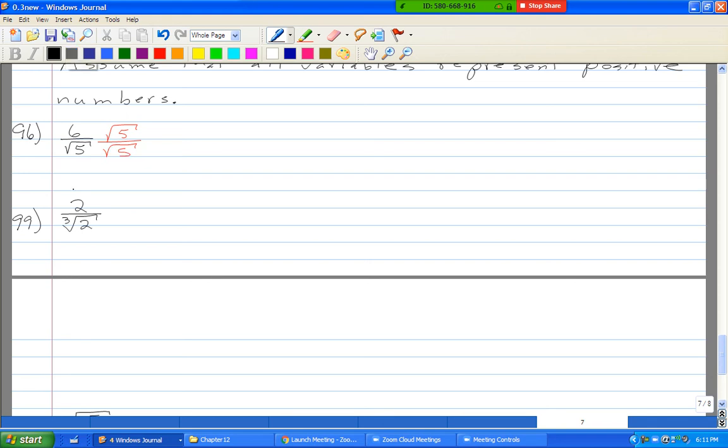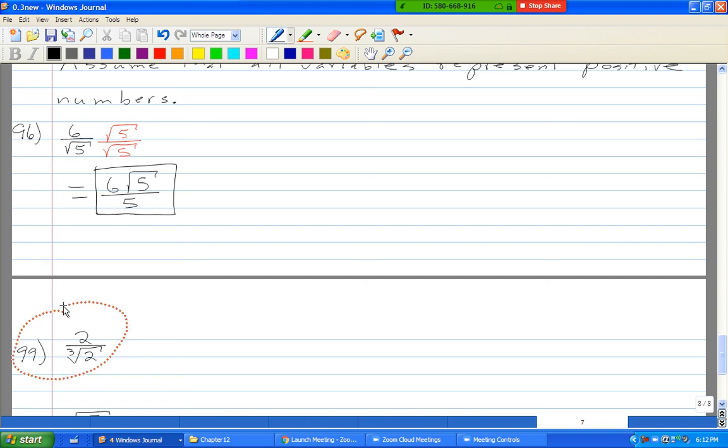And so this is equal to 6 rad 5 over rad 5 times rad 5, which is 5. And that is your answer. So I've rationalized the denominator.